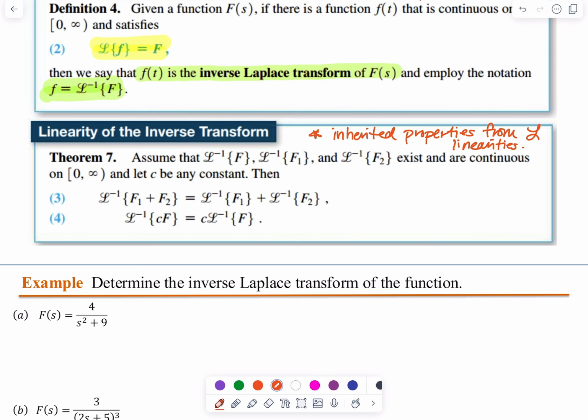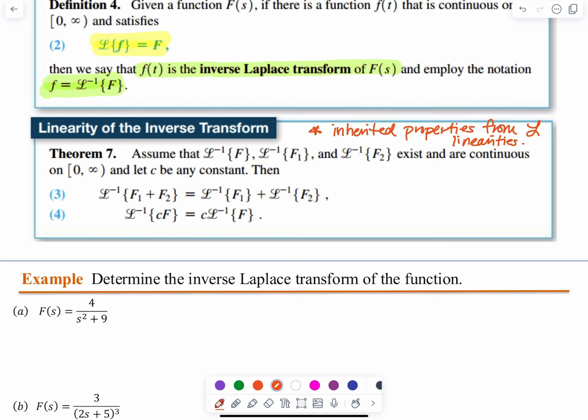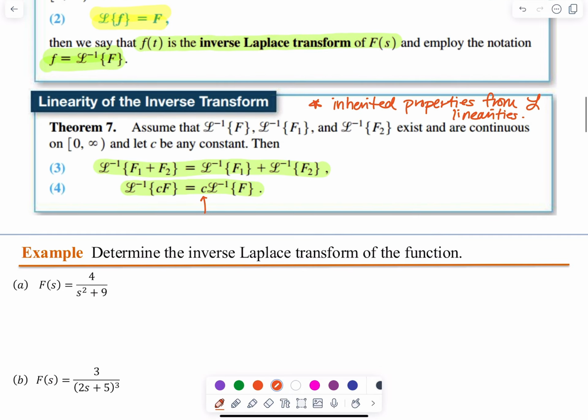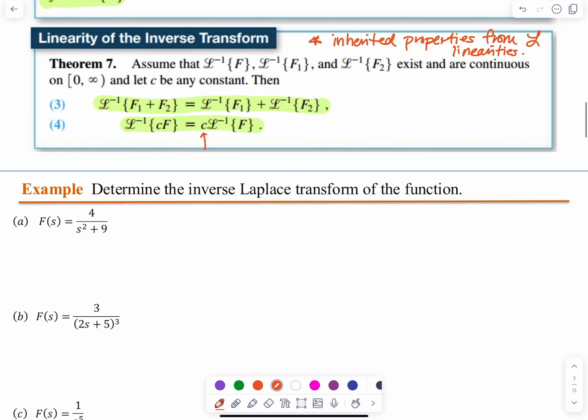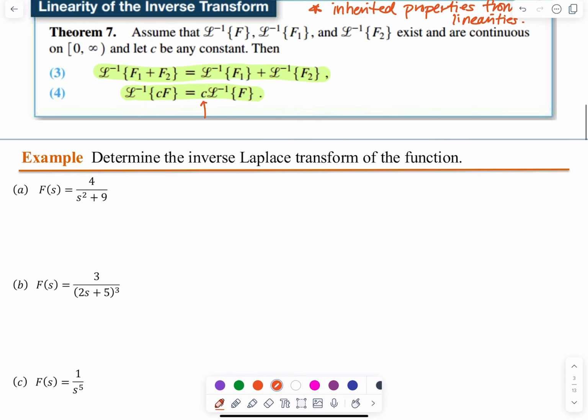This is what we assume, and we have c as a constant. So you can see that the inverse transform of the sum of two Laplace transforms is equal to the sum of the two inverses. Likewise, the inverse Laplace transform of a constant multiplied by a Laplace transform is equal to the constant multiplied by that inverse transform. So they're pretty straightforward. Let's go ahead and take a look at this example and see what we have here.